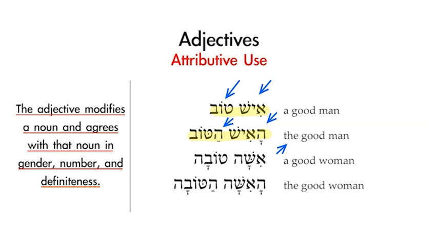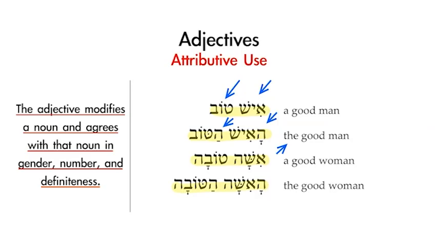In our third example, we now have Isha Tova, a good woman. Once again, the attributive adjective follows the noun that it modifies, and it agrees in gender, number, and definiteness. In this case, feminine, singular, both indefinite. And finally, our last example, Ha'isha Hatova, the good woman.